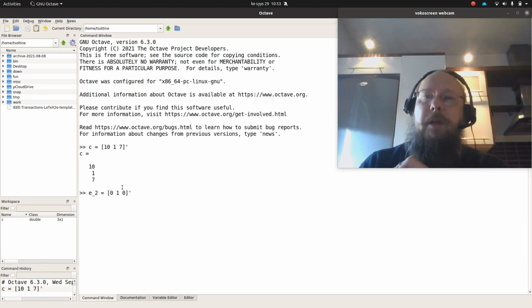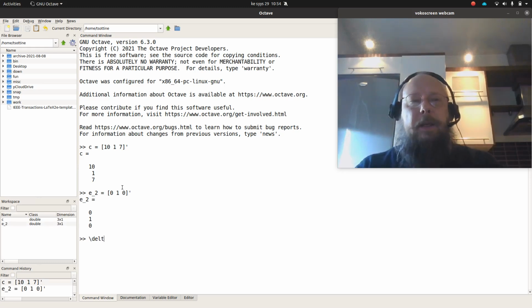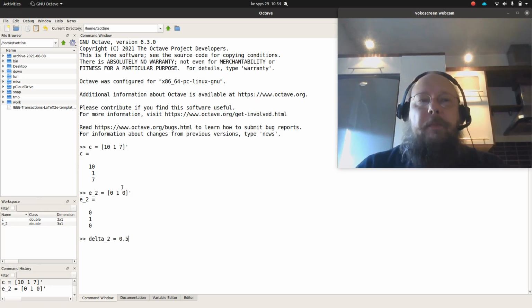So this is the unit vector of the second dimension, the x2 dimension. And let's have delta 2, just for the sake of example, say that it will increase the influence by a half unit.